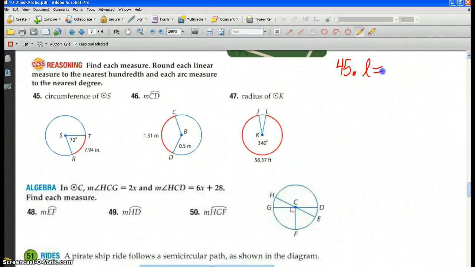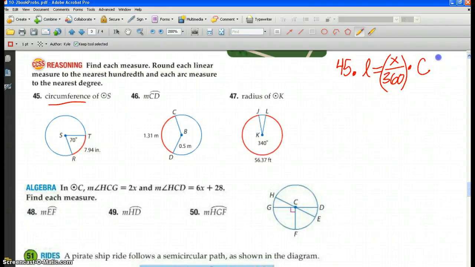Arc length is equal to angle over 360 times the circumference. If we want to solve for the circumference in this equation here, we would multiply both sides by the reciprocal of this fraction.